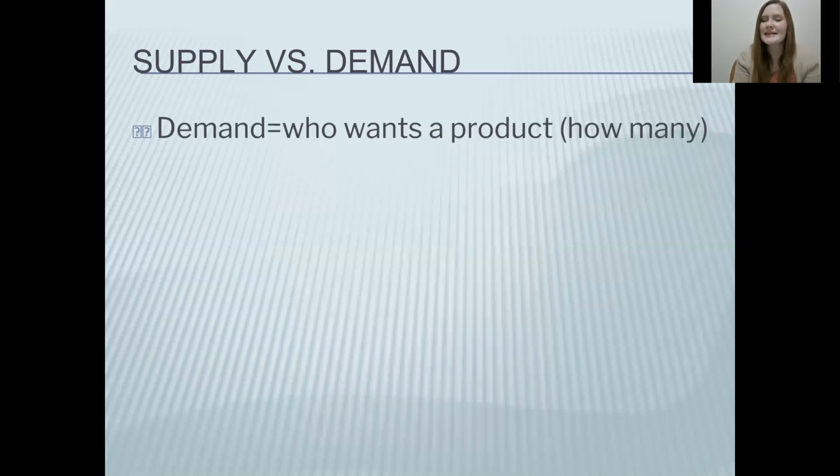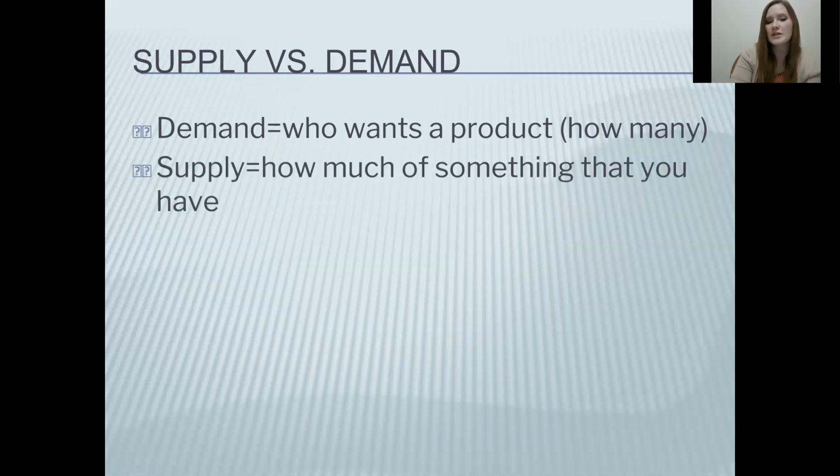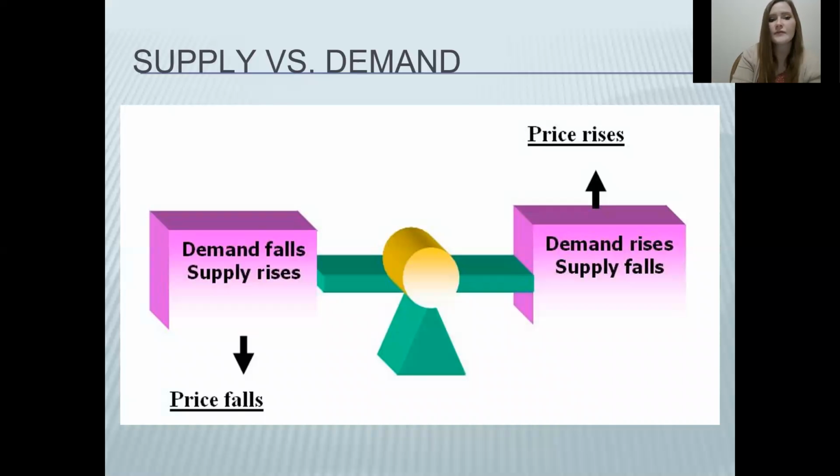When we're looking at supply and demand, demand is who wants a product and how much is wanted. Supply is how much of something you have. If the demand falls and supply rises, then the price is going to fall. If the demand rises and the supply falls, the price is going to rise.